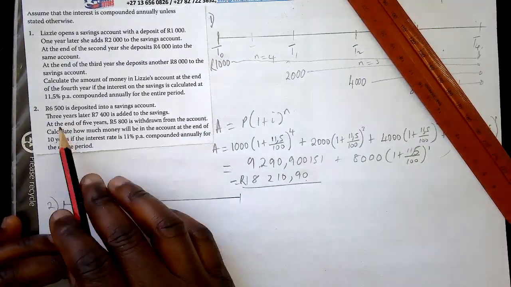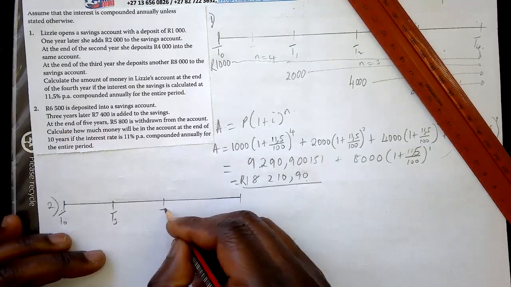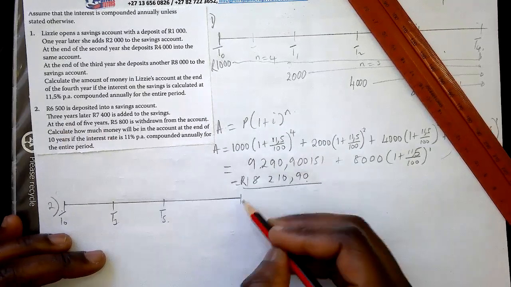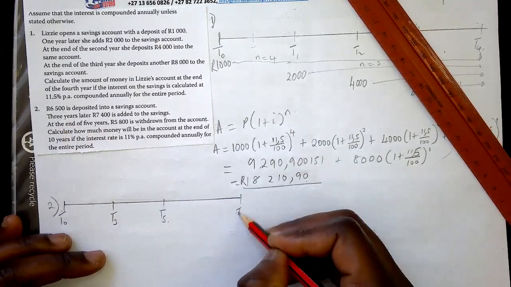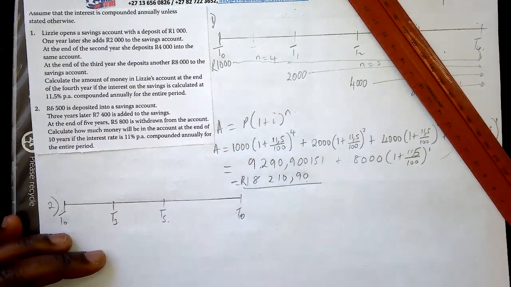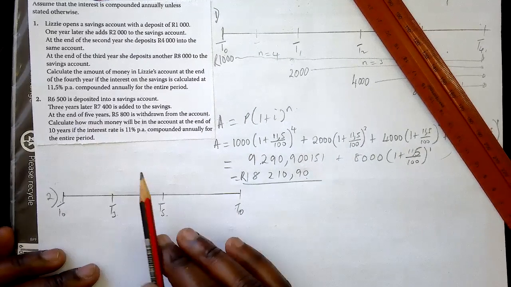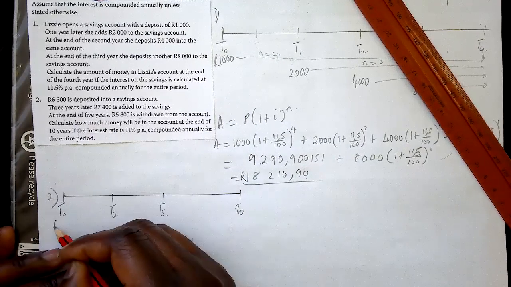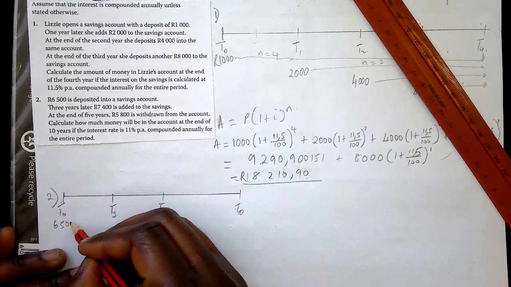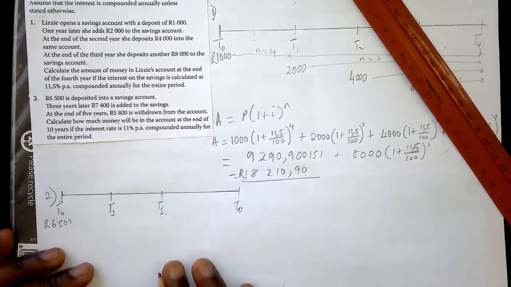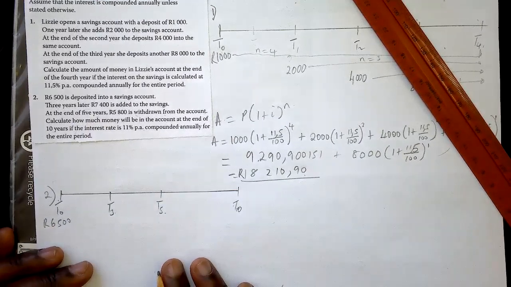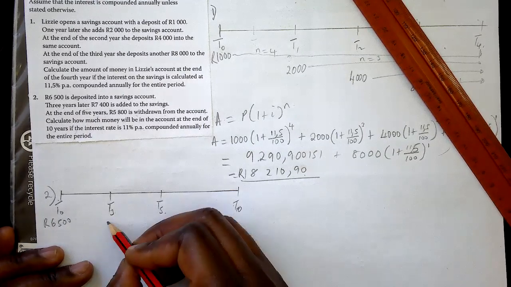Then end of 5 years, T5. Then we have 10 years now, T10. Here, at T0, we are putting 6,500. Then at T3, we are adding another 7,400.